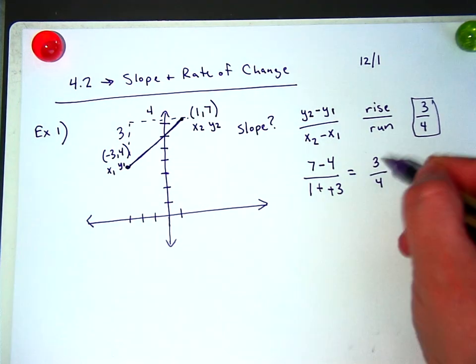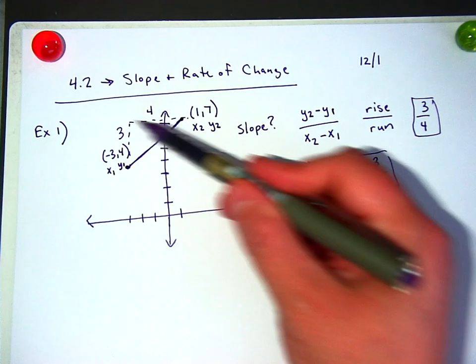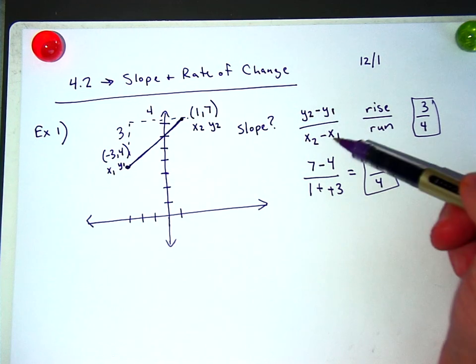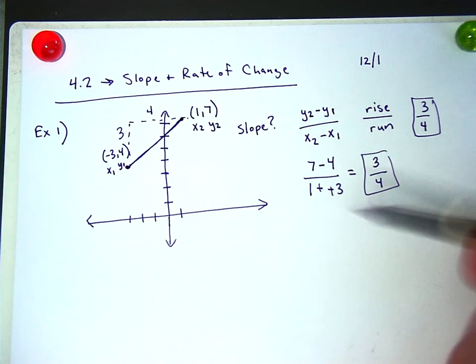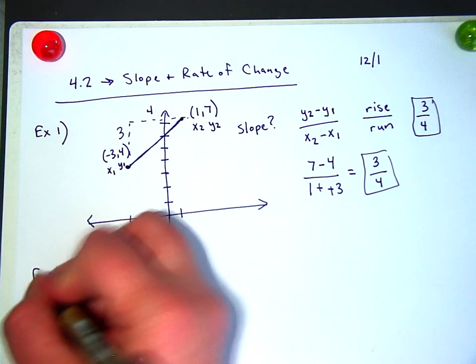So you see how it doesn't matter if you think about it like a graph and you think about, ooh, rise up 3 over 4, or you think about the y2 minus y1, x2 minus x1 thing, and then do the math that way. Either way, it works out exactly the same. So it depends on what you're more comfortable with.